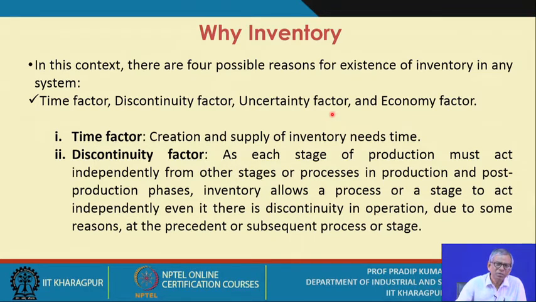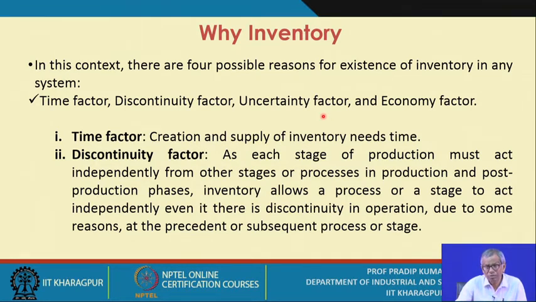So when the demand is low and you know fully well that it could be high in the next season, you must have a capacity, and at this point in time when you produce to capacity, you may have some extra stock, but this extra stock you can use in the next season when the demand is more than the capacity. So this is also one of the reasons, the uncertainty factor.